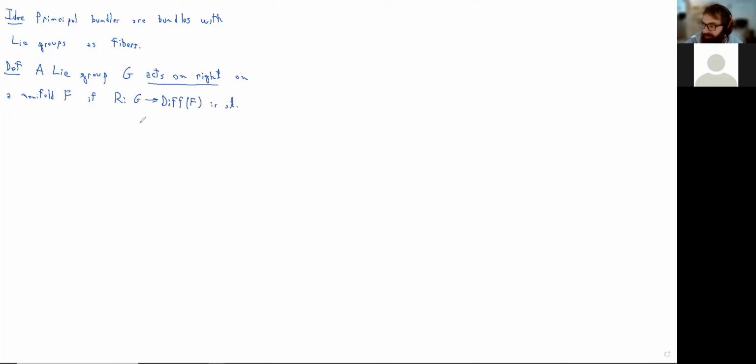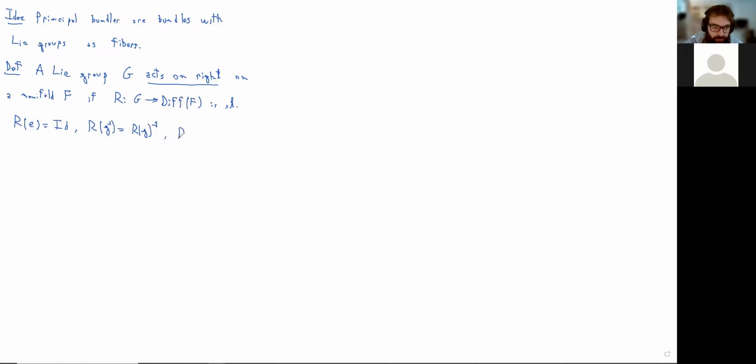such that the neutral element, denoted with E, is just sent to the identity map. And if we take R of G inverse, this is equivalent to taking R of G and then taking the inverse diffeomorphism.